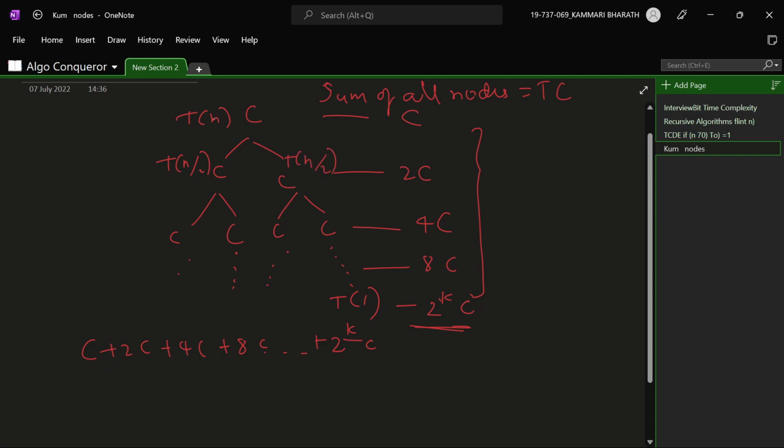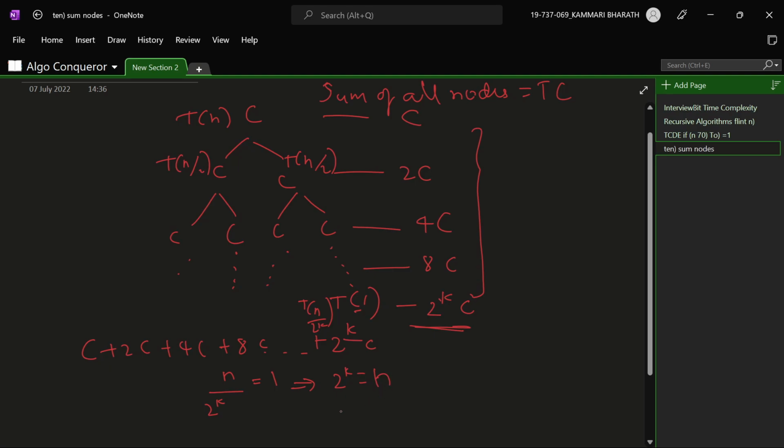And this n value keeps on reducing until it becomes 1. This is T of n by 2 power k. You get the k value by solving this equation. n by 2 power k is equal to 1 implies 2 power k is equal to n.